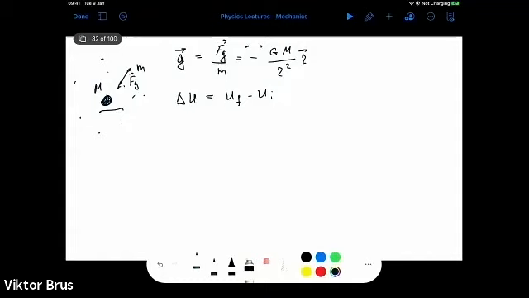It's defined by the final and initial position of the body in the external gravitational field, and will be equal to minus the integral, when we move from initial position with radius vector Ri to final position with radius vector Rf, of a potential force. In this case, it's gravitational force as a function of position, as a function of radius vector, times dr.